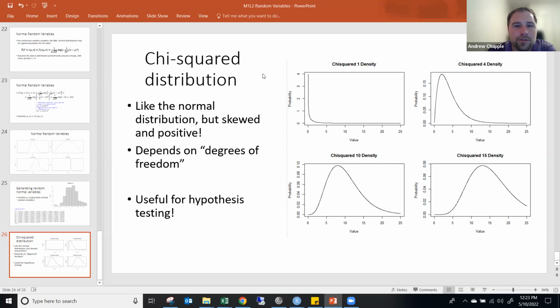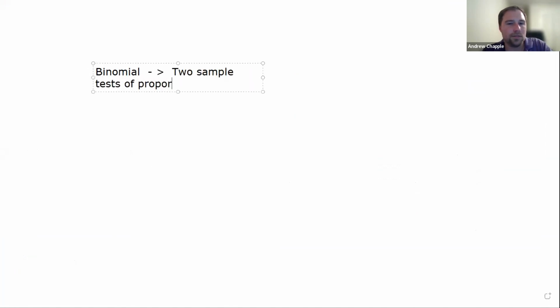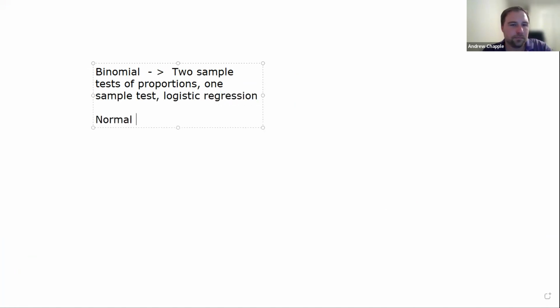Just to give you an idea of what's important, these are the 3 distributions that matter, and I'll tell you what hypothesis tests assume. The binomial distribution is used for 2 sample tests of proportions and logistic regression. For the normal distribution, you might use this for z-tests, linear regression, and general linear models, GLM.